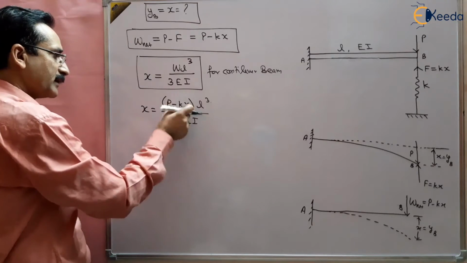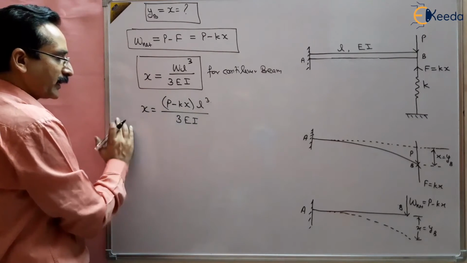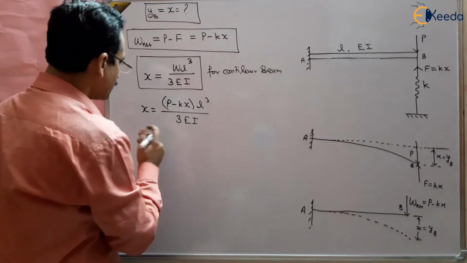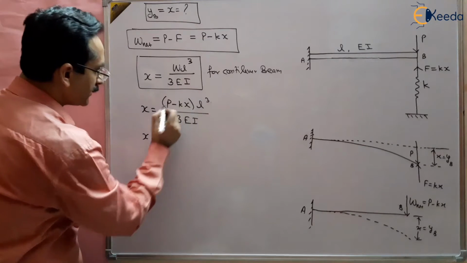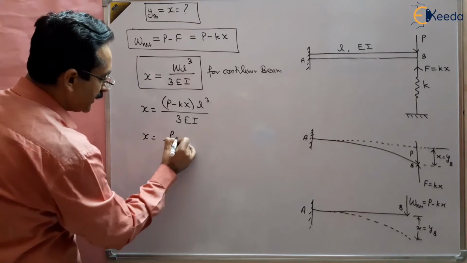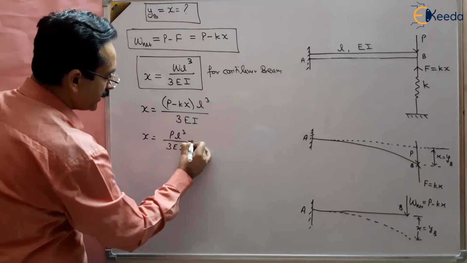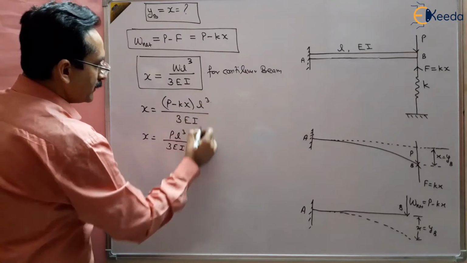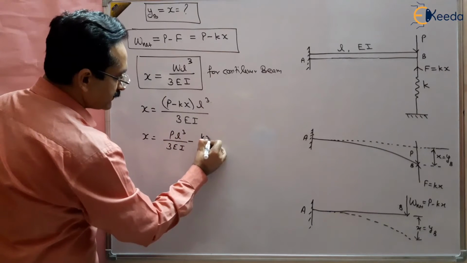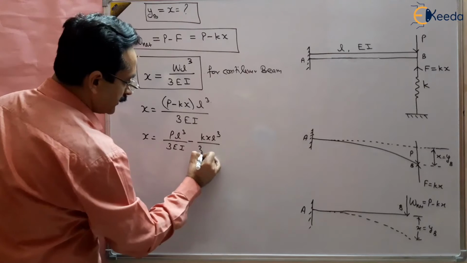Now x is on both sides, and we have to find x only. So take x on the left hand side. You will get x equal to PL cube by 3EI minus KxL cube by 3EI.